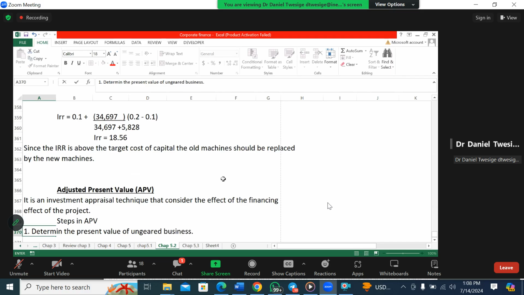You're going to determine the present value of an all-equity business.